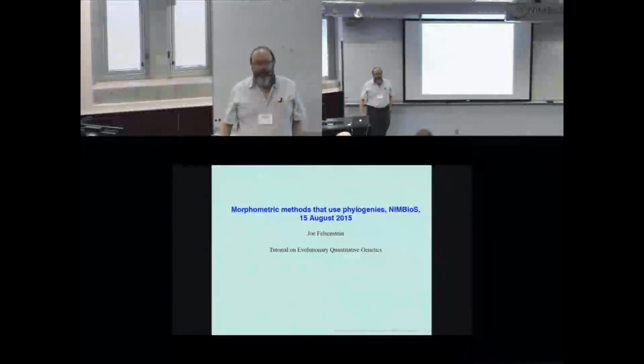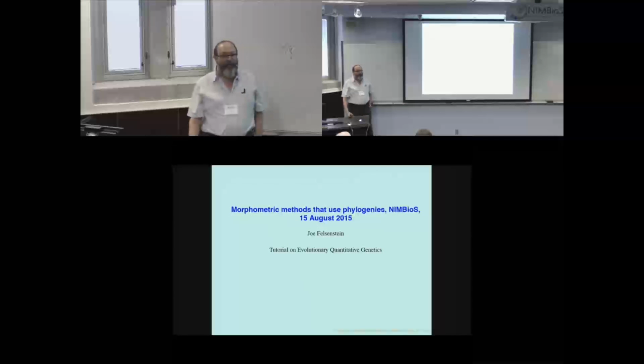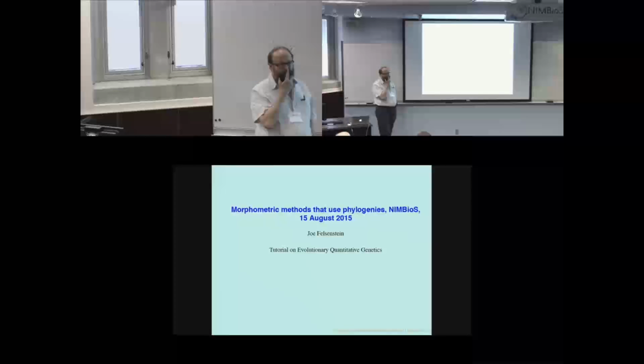Okay, I want to talk a little about morphometrics, which is a bit of a bee in my bonnet, as they used to say. I've been doing some work on it, and partly I just had to learn what these morphometric models were and figure out how you connect them to Brownian motion-y kinds of phylogeny work.